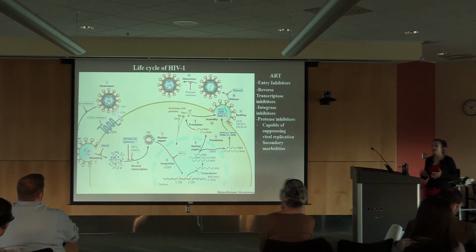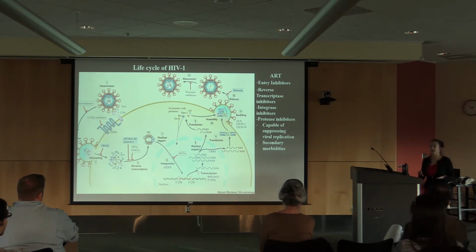The capsid then dissolves, releasing the viral RNA, integrase, and reverse transcriptase. From there, the reverse transcriptase will turn the viral RNA into cDNA, and then integrase will shuttle the cDNA into the nucleus where it is integrated into the host cell's DNA.